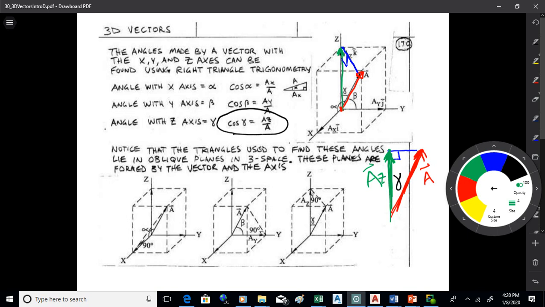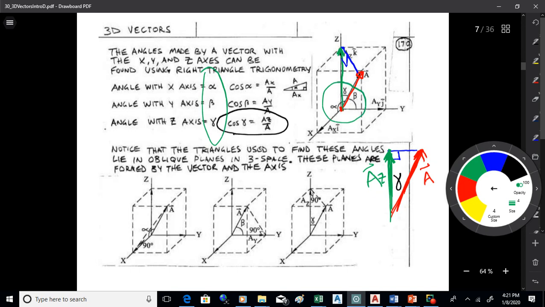The sides would be the y-axis and the xz plane. That's how that would work. So we can pull three right triangles out of that, do three inverse cosines, and come up with those three angles. We call the angles that the vector makes with the x, y, and z axes alpha, beta, and gamma. So there they are on that sketch.